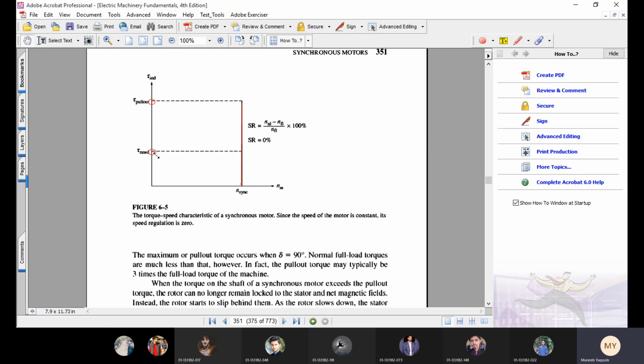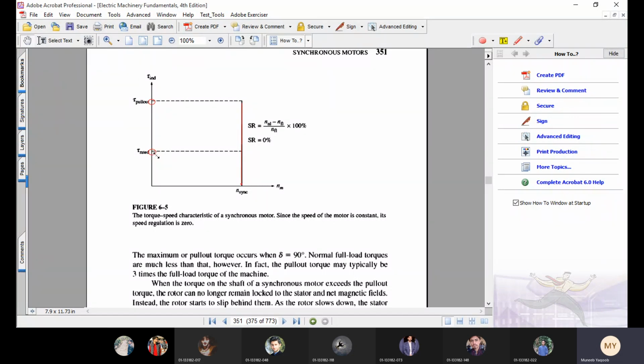So at that moment the synchronous motor will lose its synchronism. This situation will be called the slipping poles situation. If we apply a load that is beyond the pull-out load or pull-out torque of a synchronous motor, then the machine will lose its synchronism.